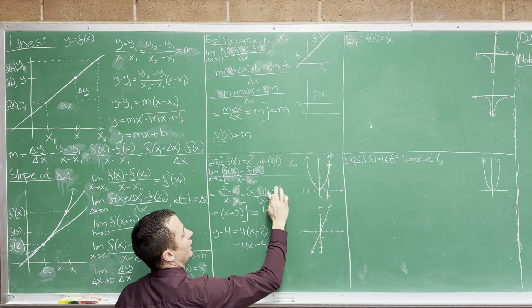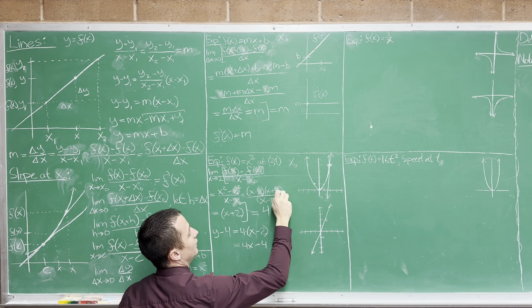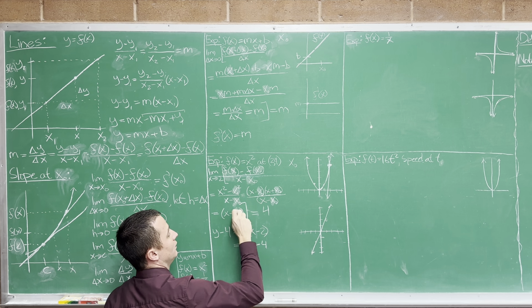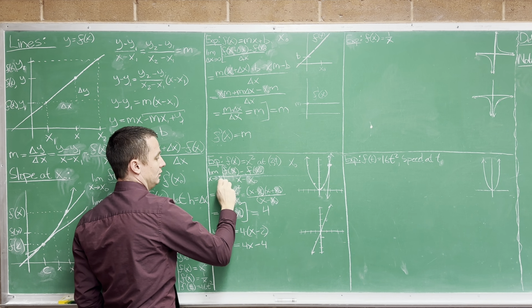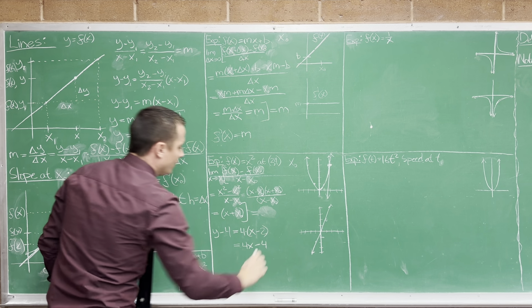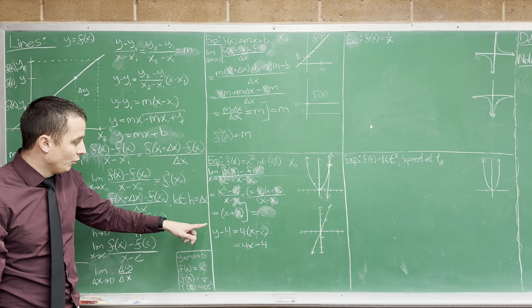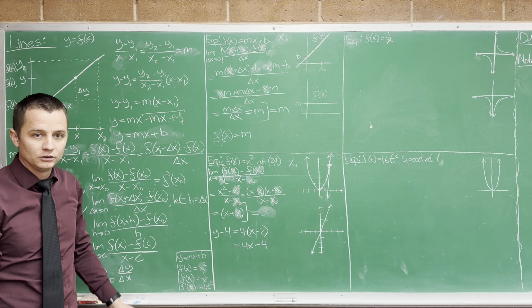That would have factored, and we would be taking the limit as x approaches x naught. Now what does this equal? What is the limit as x approaches x naught of x plus x naught? 2x naught. Just 2x naught.